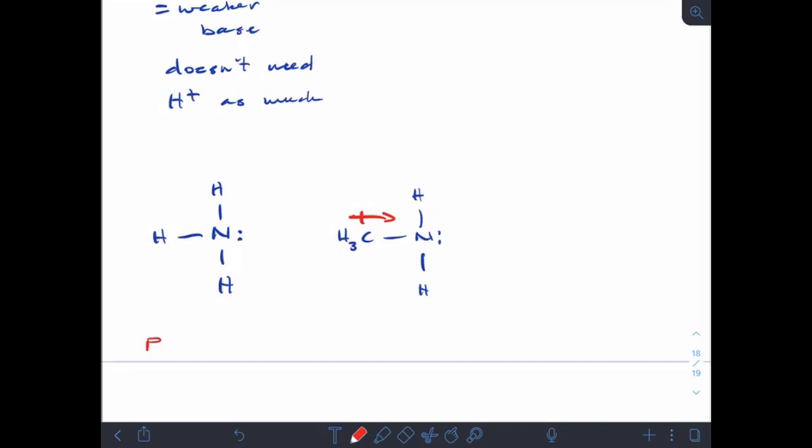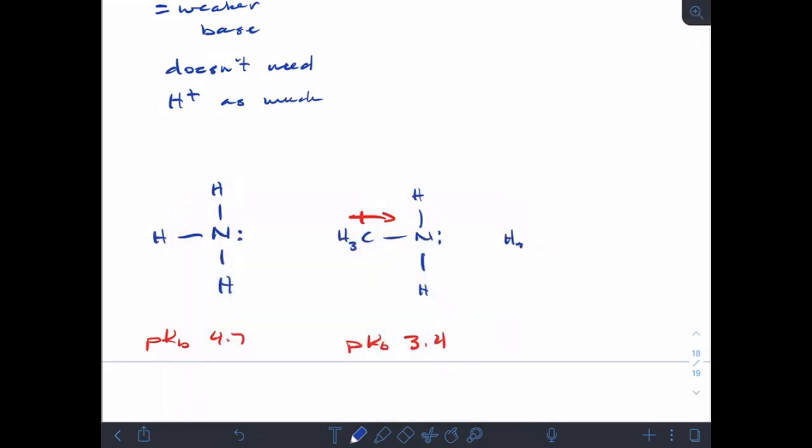Right? Our ammonia has a pKb of 4.7. When we add that methyl group, that carbon group, that causes the pKb to drop. Right? If I force more electrons towards that nitrogen, it wants more to get rid of that extra negative charge. It has a stronger desire to grab a hydrogen in order to dissipate that negative charge.